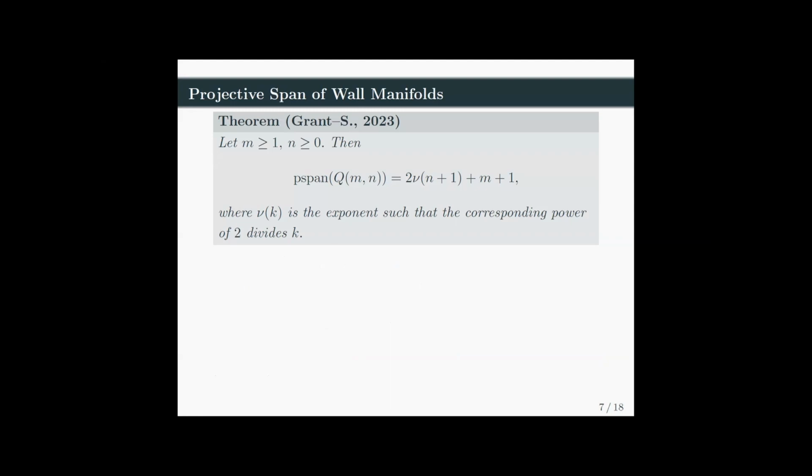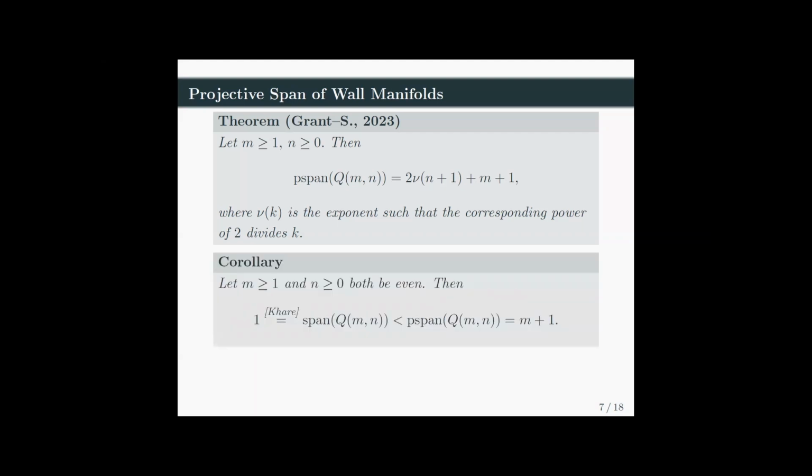And this is really intimately related with those Radon-Hurwitz numbers that we saw in the span of spheres example. One really good thing about this result is that we now know that span and pspan can be arbitrarily different, which is something we really didn't know before. It turns out that if m and n are both even, the span of Qmn is identically 1, but we know that you can split off m non-trivial line bundles as well.